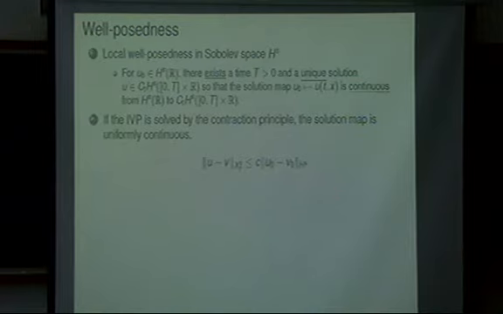Which means in this space, that inequality means the uniform continuous dependence on the initial data. Okay? So if the problem is solved by the contraction principle, then the solution map is not just continuous but uniformly continuous, which means we have a stronger notion of local well-posedness.